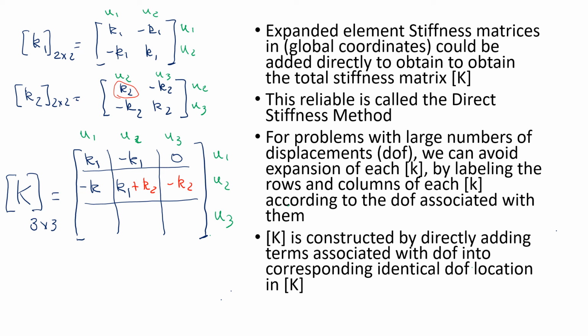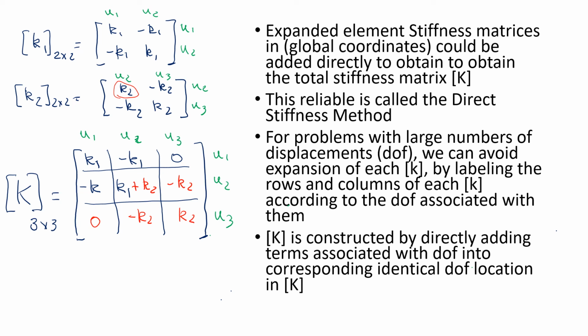And if I continue here, I got a minus K2 here and a plus K2. And then we're going to fill in a 0 here because we don't have any contribution. So as you can see here, element 1 contributed the blue entries into the global stiffness matrix, and element 2 contributed the red entries into the global stiffness matrix. And of course, the zeros is where we do not get any contribution from any of these elements.